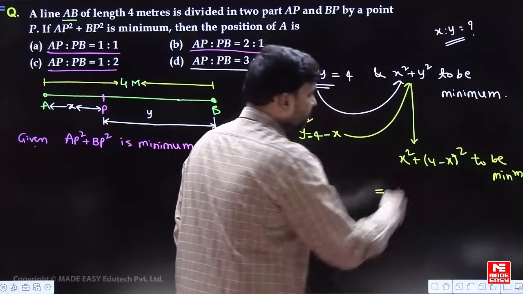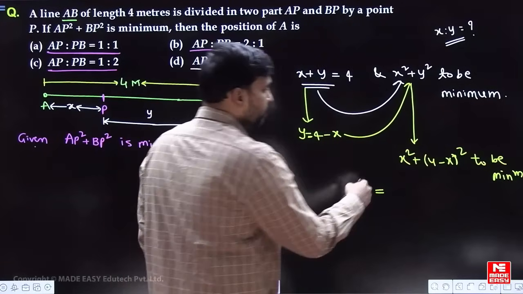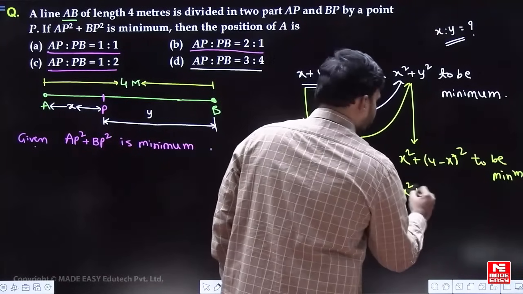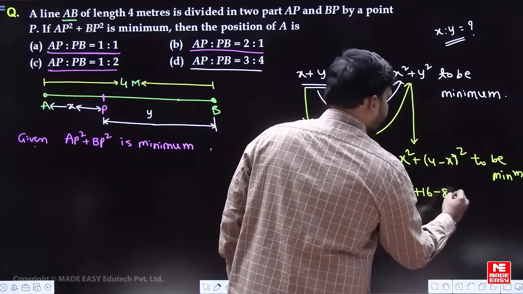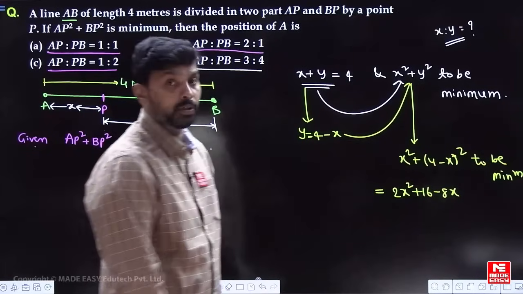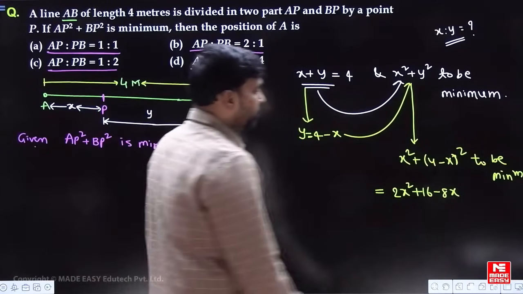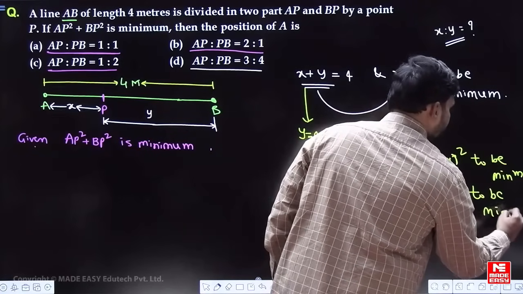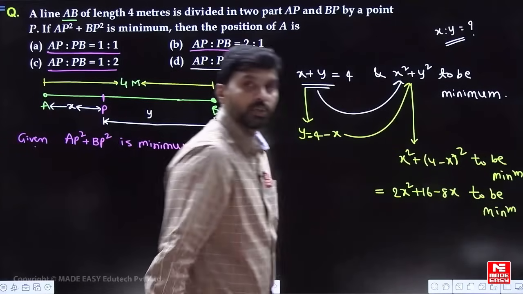If you expand this, X square plus X square is 2X square, and it is 16 minus 8X, 2AB, so it is minus 8X here. So this is to be minimum, beta, है ना?